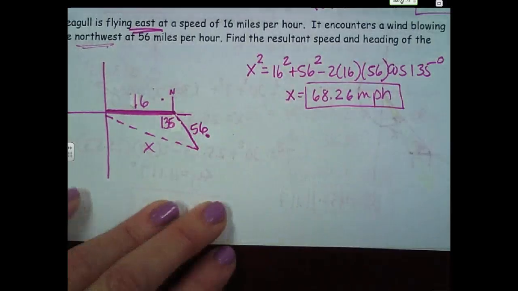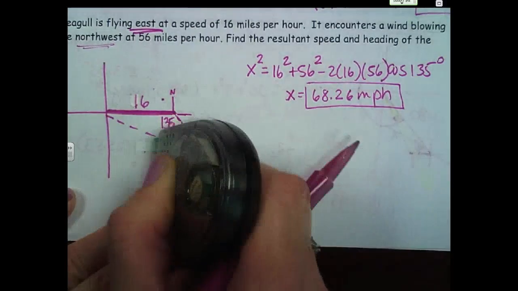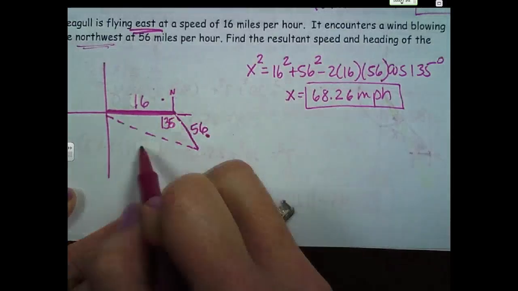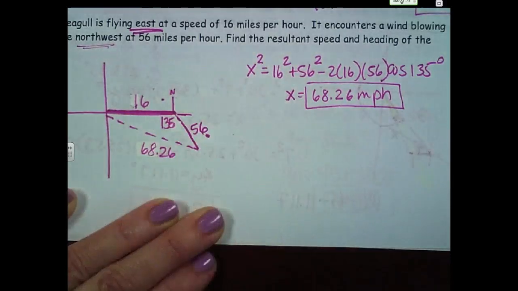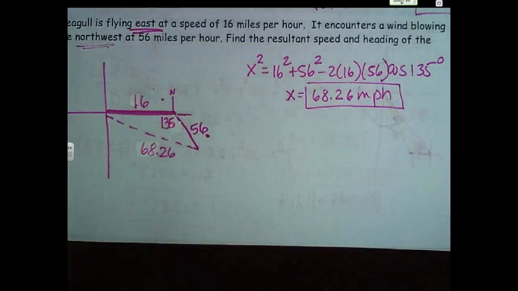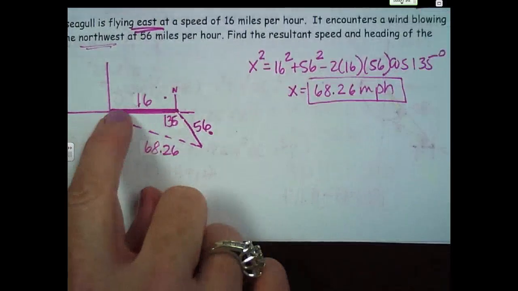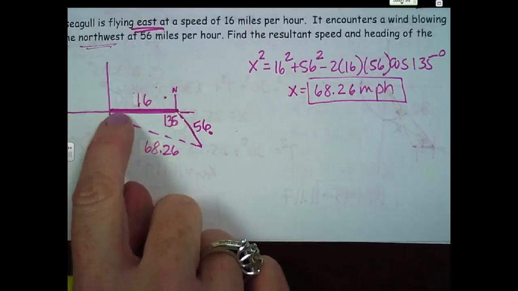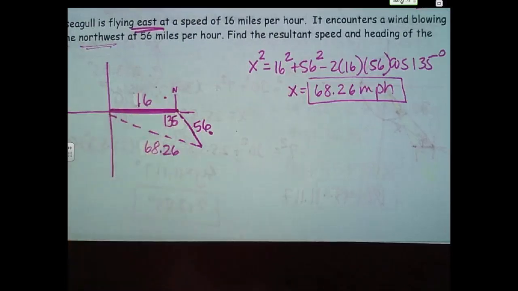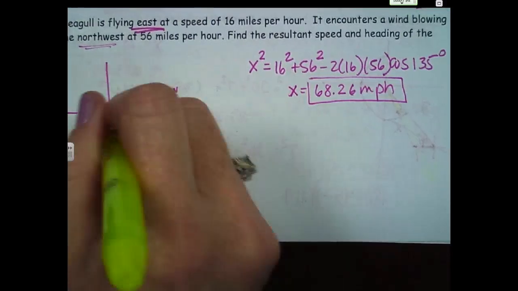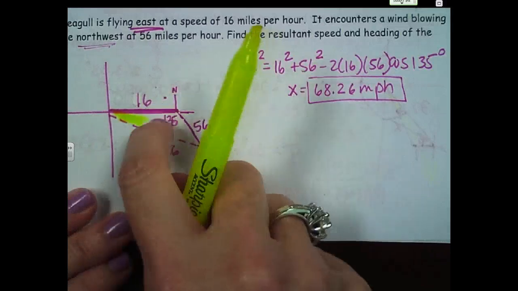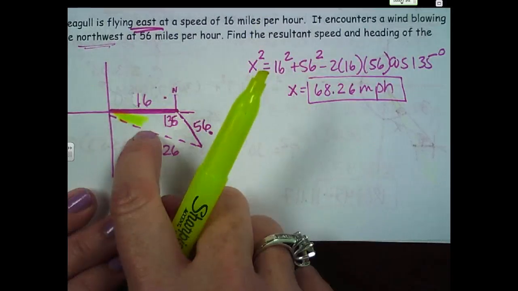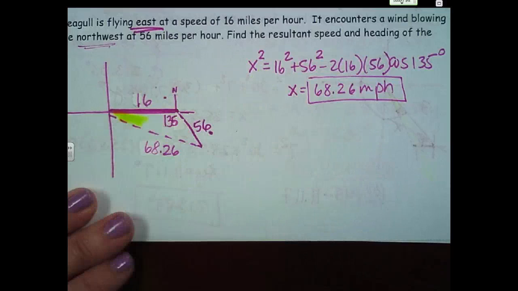So now you have a value of the seagull speed, 68.26. Now, your seagull, guys, was traveling nice and pretty, 90 degrees. He was headed east, 90 degrees. But this wind kicked him out, it kicked him down. So he's not gonna meet 90 anymore, he's gonna meet 90 plus whatever the shaded angle is. So let's find the angle.